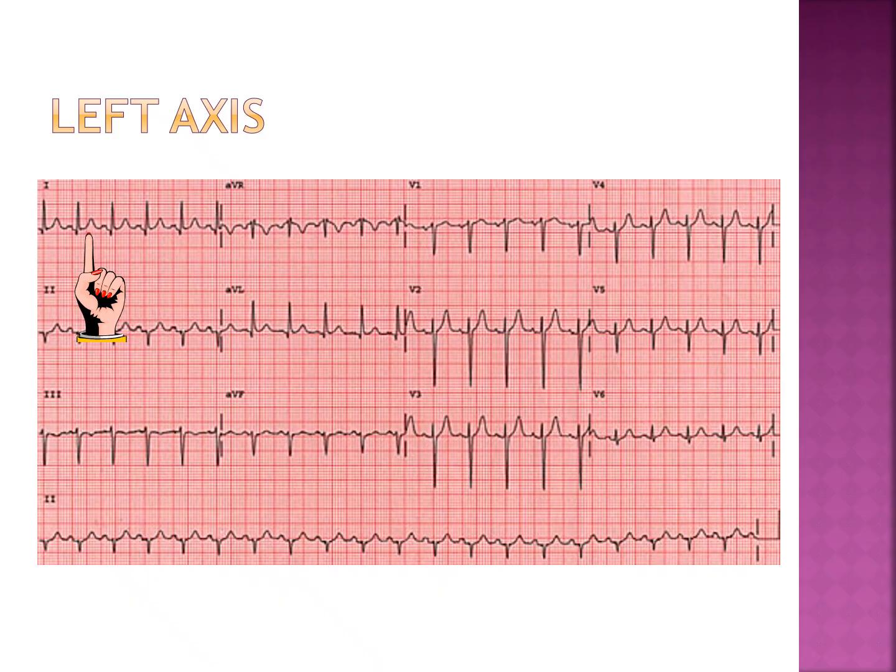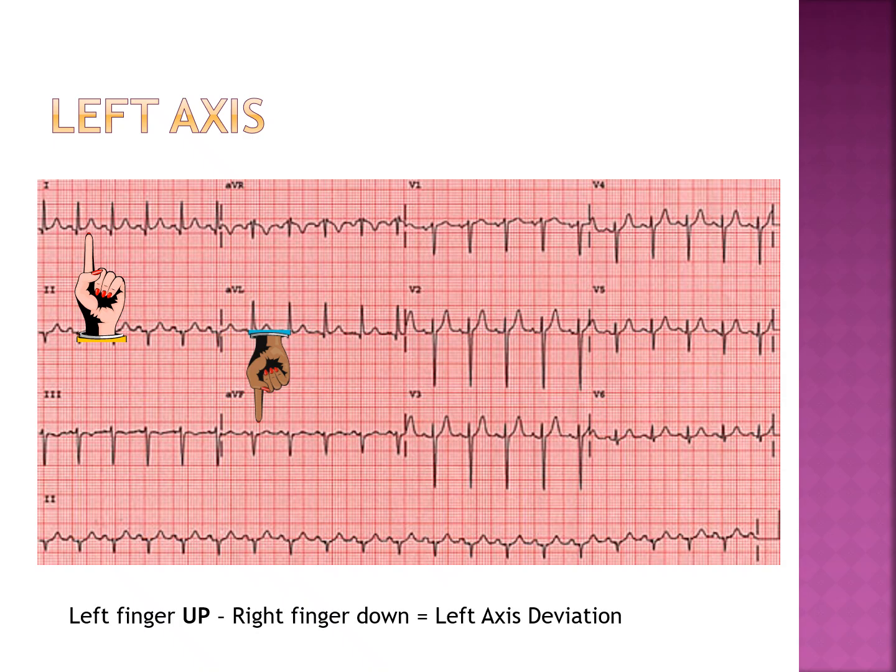And then we look at our inferior lead AVF, and we notice that it is going down. Looking again at which finger is up and which is down, our left finger is pointed upward. So our left finger is up, our right finger is down. We have a left axis deviation.